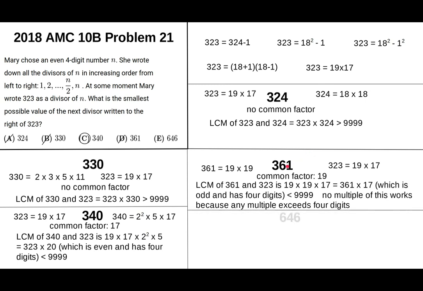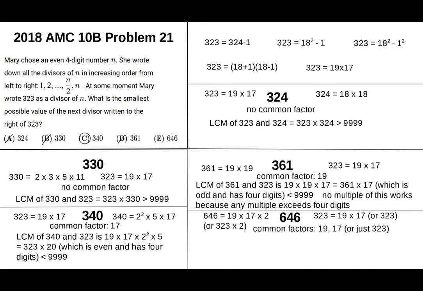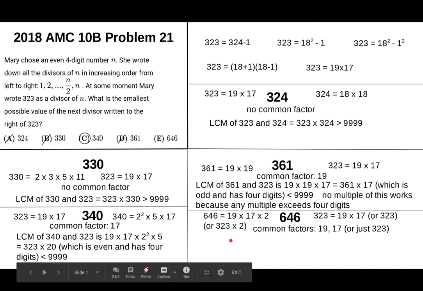Next, let's try 646. 646 is 19 times 17 times 2, or just 323 times 2. 323 is 19 times 17, or just 323. We don't really need the prime factorization to find the LCM. The common factor is 323, and to find the LCM, we can cross out one of the factors and multiply the rest.